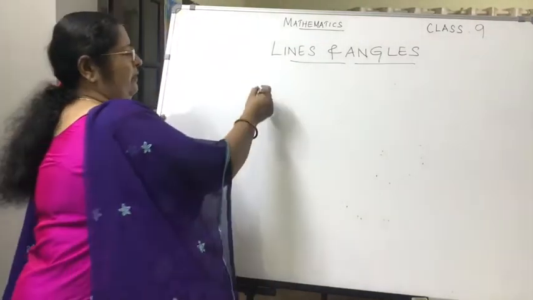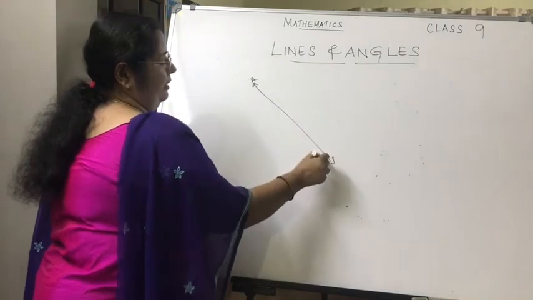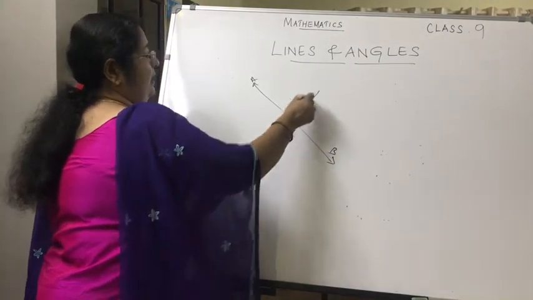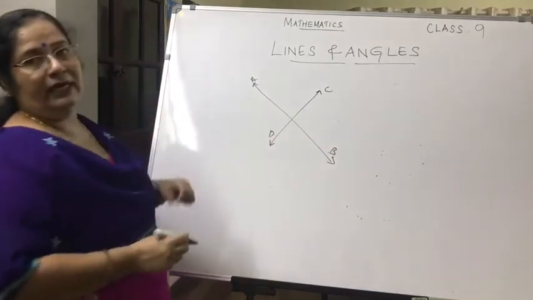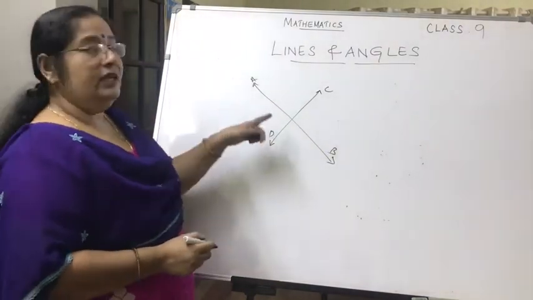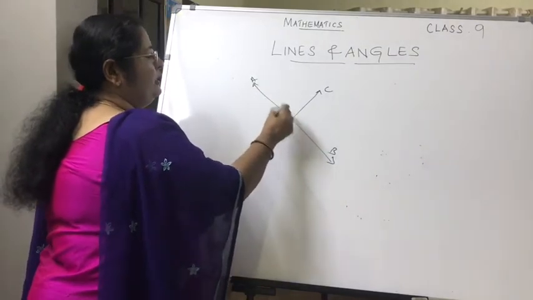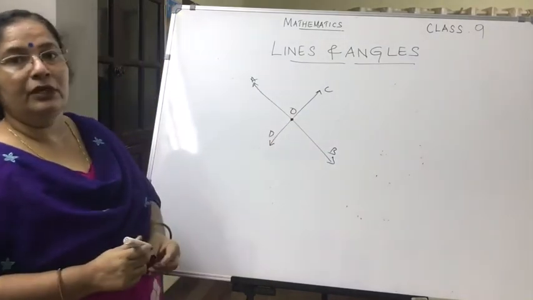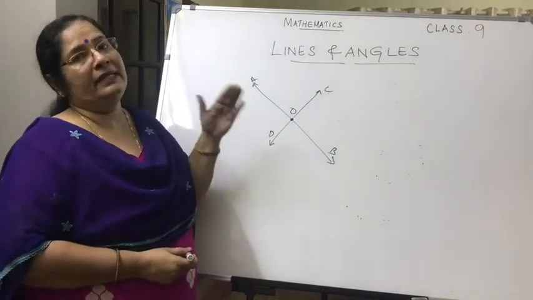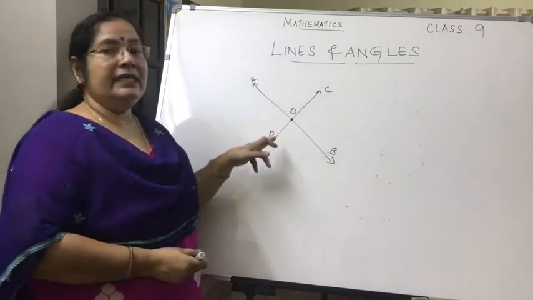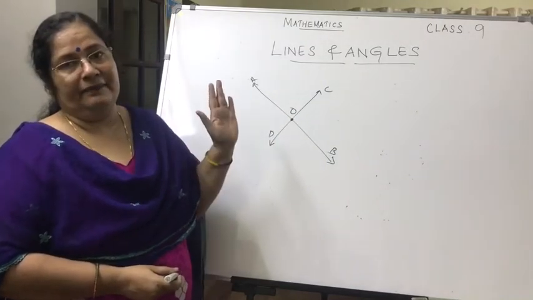So suppose you are having two lines like this. AB is one line and CD is another line. Now these two lines are having one point common. Let that point be O. The point O is common for both the lines AB and CD. Such lines we call intersecting lines.